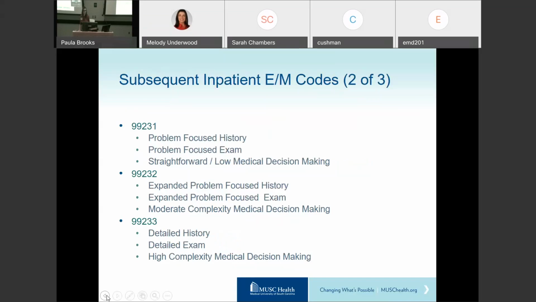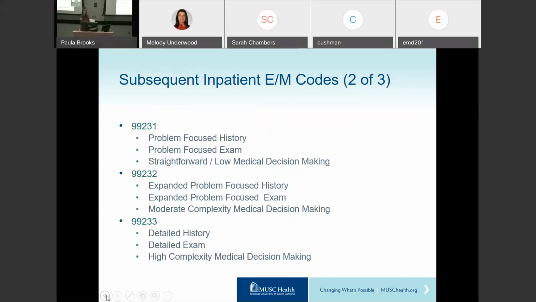So for subsequent care inpatient, notice that you only need 2 of the 3 key components. These codes are 99231 through 99233. For a 99231, you would need a problem-focused history, a problem-focused exam, straightforward or low medical decision-making.